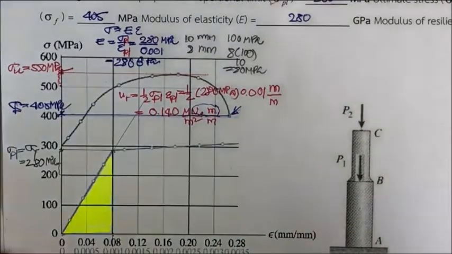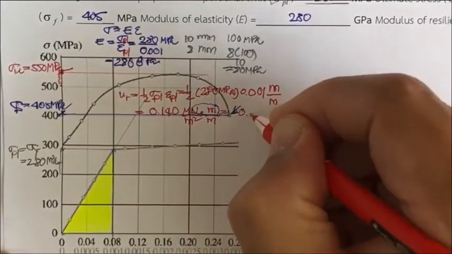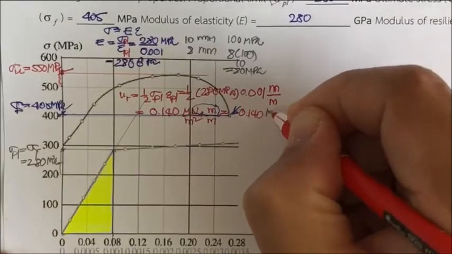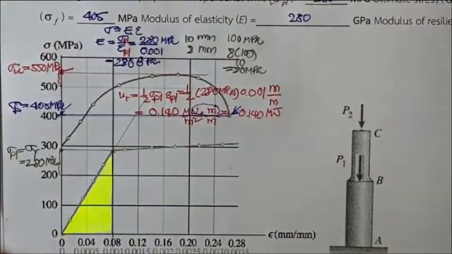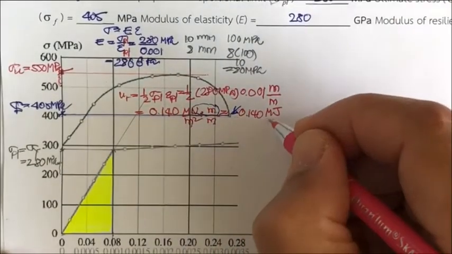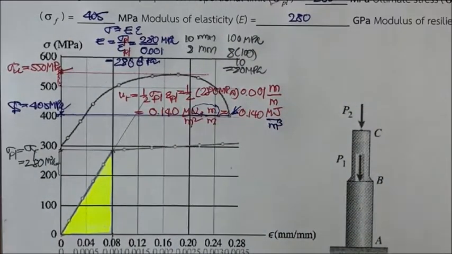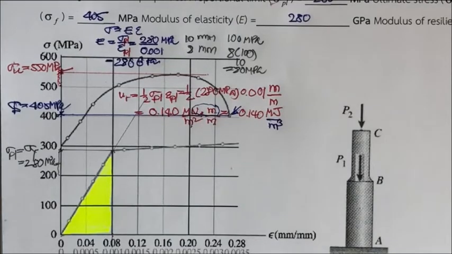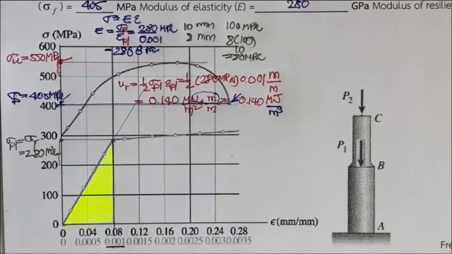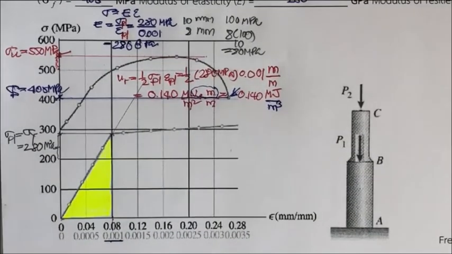So you get this to be equal to 0.140 megajoule per cubic meter. That is the ability of this alloy to absorb the energy during the linear elastic behavior. That is the end of the first part, to determine the mechanical properties of the material.